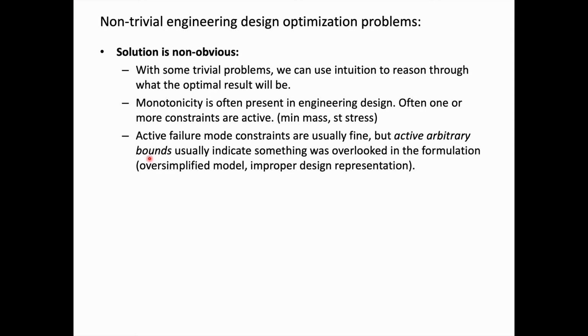And then that means the solution we're getting is not actually something that is at the physical limits of the system, but it was dictated by the human who formulated the problem.